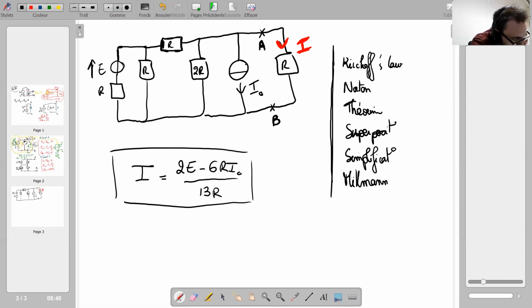And this is kind of the program of the exam. You should be able to get whatever parameter from a circuit using one of these methods, and should be able to recognize which one is going to be the most pertinent one to use.